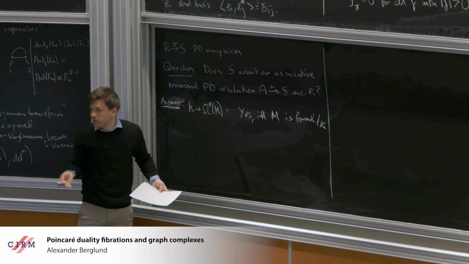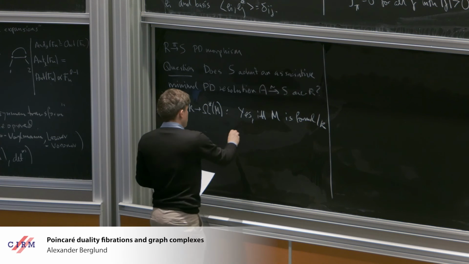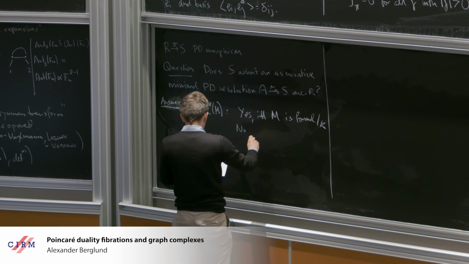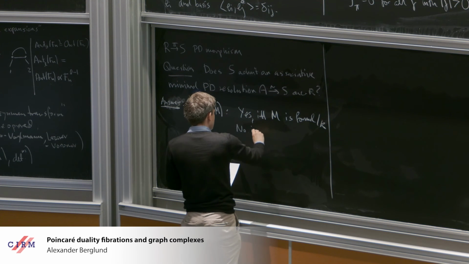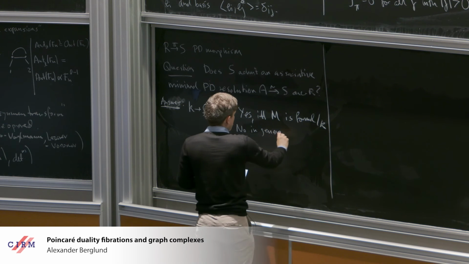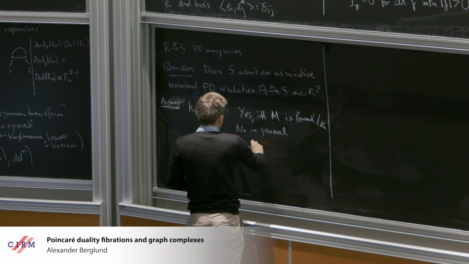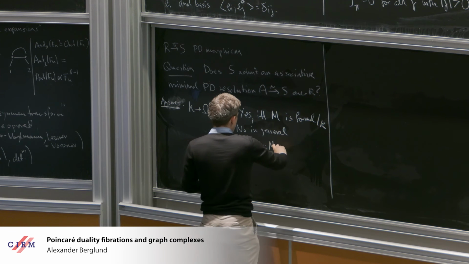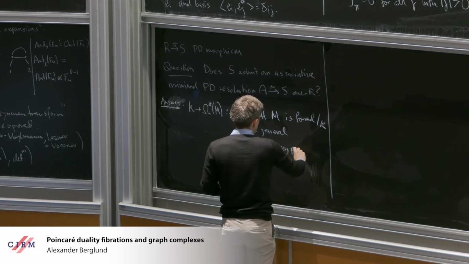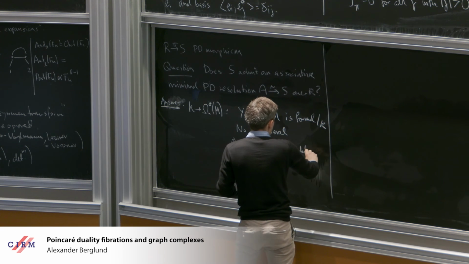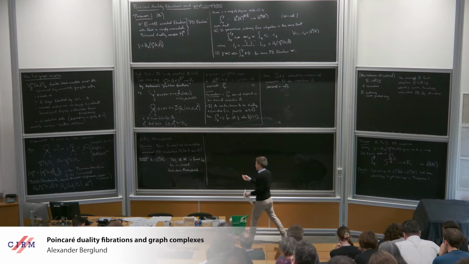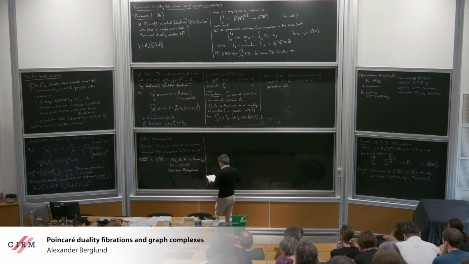And so in particular, the answer is no in general, because there are examples of non-formal manifolds. And we all know that obstructions to formality are given by, for instance, Massey operations, etc. So this is a classical thing to study, right?